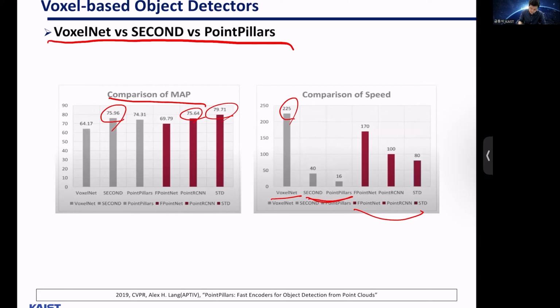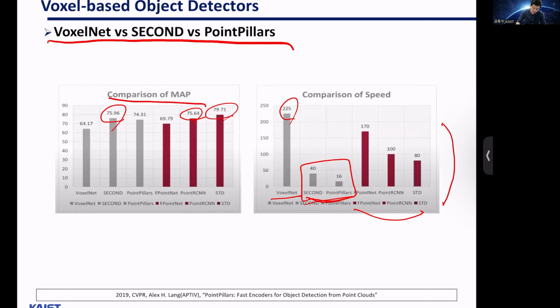So after applying some techniques to improve speed for voxel approaches, it turns out that point-based approaches tend to be slow because here you're using more points.